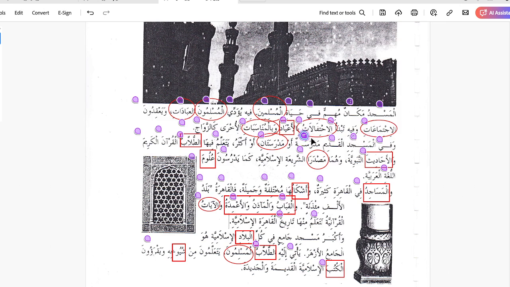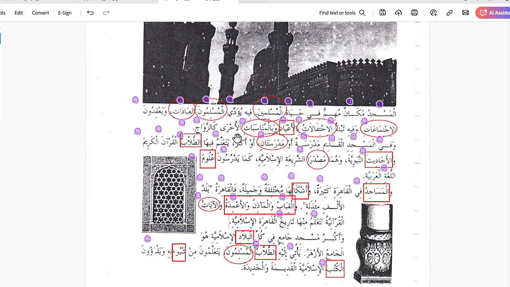Wa fihi tubda'u al-ihtifalatu bil-a'yadi wa bil-munasabatil-ukhra ka-az-zawaj. And in it the celebrations begin with the Eids and the other occasions, munasabat, like marriage. In other words, Muslims hold the gatherings and they have celebrations, Eid celebrations and other arrangements like marriage.